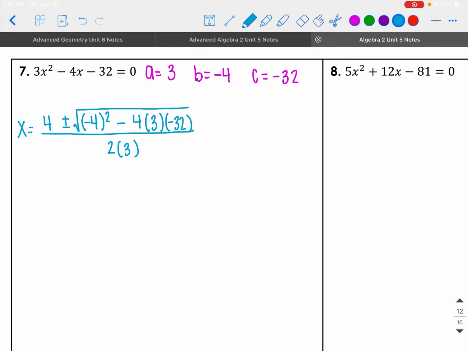Okay, so I'm typing in. And I get 4. And then when I change it to a minus, I get -8/3.